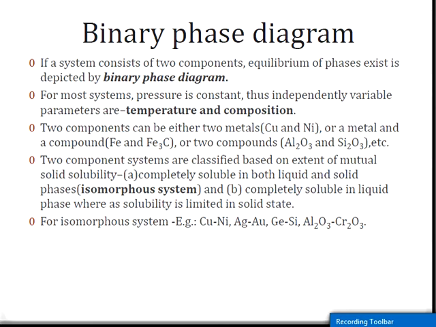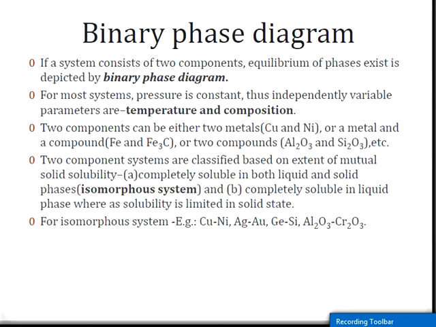Such systems are called isomorphous systems, where the components are completely soluble in both liquid and solid state, which is an ideal case, because in most cases the components will be completely soluble in liquid but not completely soluble in the solid phase, and that is the general condition.